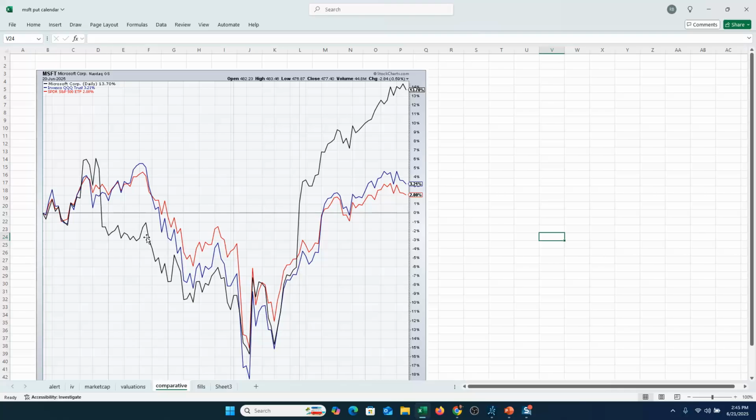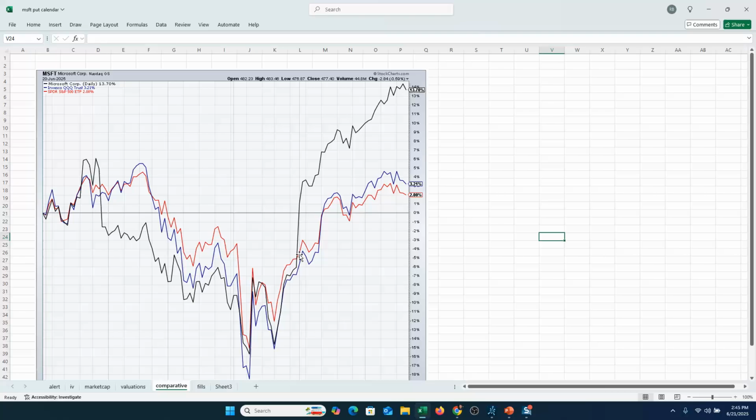Brief period where Microsoft was basically trading under the S&P 500 and the QQQs or NASDAQ 100. But for the most part, highly correlated. Makes sense, right? Microsoft back here, I believe, was the second biggest market cap stock compared to Apple. Now the biggest, so you'd expect a high correlation. It has a very big weighting in both the S&P 500 and the NASDAQ.